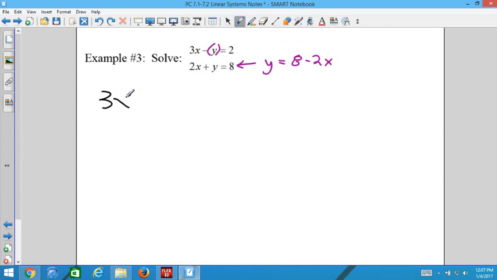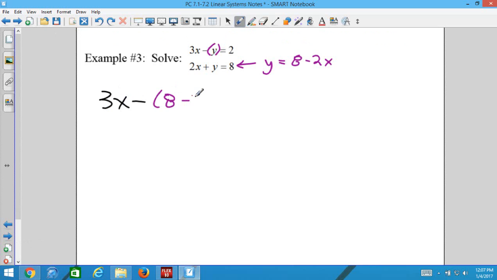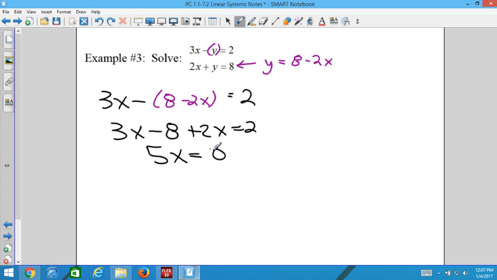So I have 3x minus 8 minus 2x is 2. So I got x equals 2.